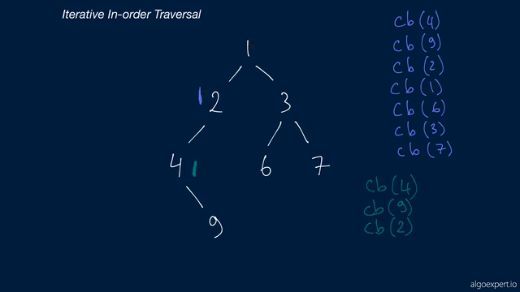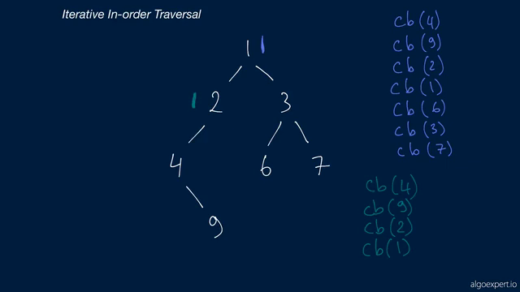So we're going to grab our current node, move it to the 1, grab our previous node, move it to the 2. So now, again, our previous node is our left child node. So we're going to call the callback on 1, right? So callback of 1.